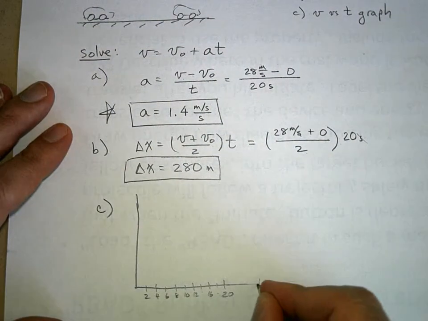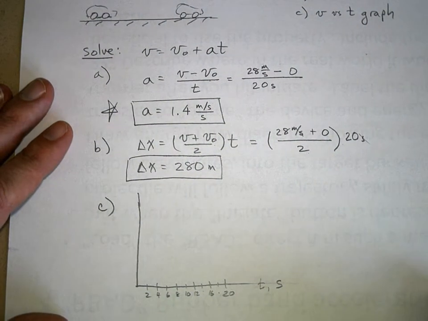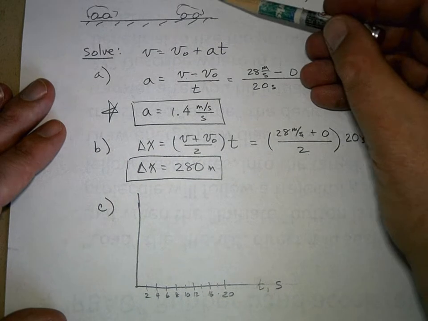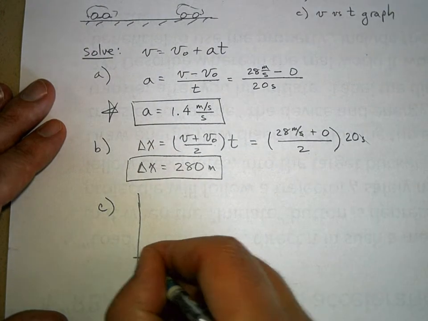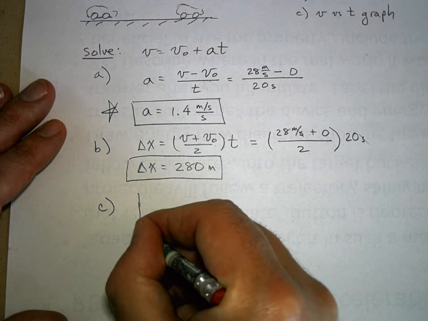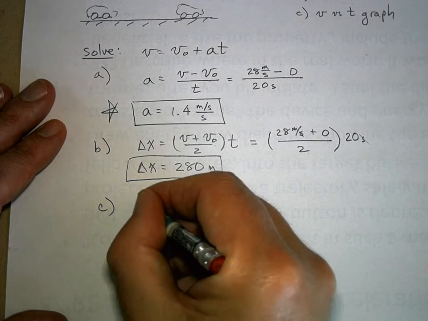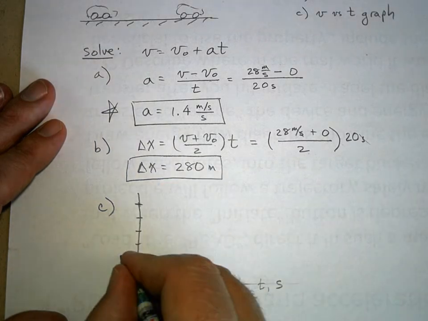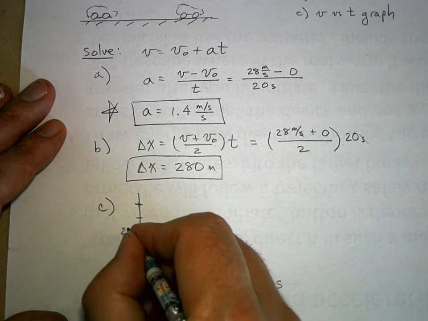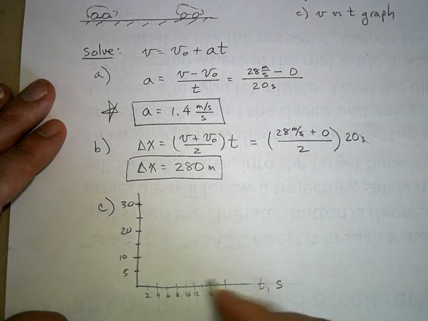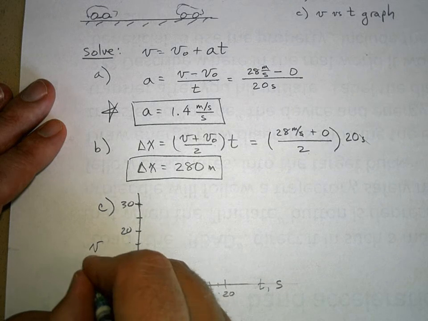You know I like big graphs, but here it's not necessary. Now, 28 meters per second, so I'm just going to go 5, 10, 15, 20, 25, 30. And this is going to be velocity in meters per second.